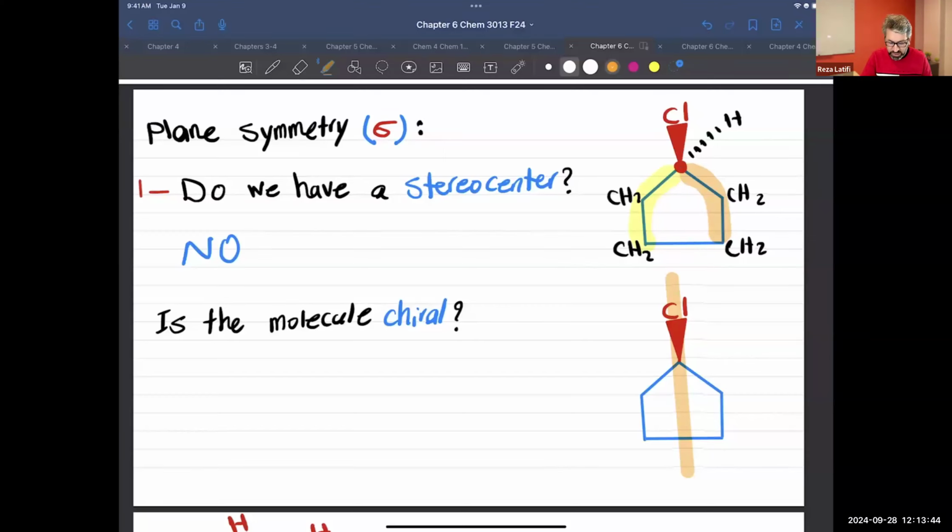Yes, I can chop it into 2 halves, and this is going to be one half of the molecule, and this will be the second half of the molecule. So I managed to chop the molecule into 2 halves, and because we have a plane of symmetry, this is a sigma. Sigma is a plane of symmetry. So I'm going to say no, our molecule cannot be chiral because of the plane of symmetry.